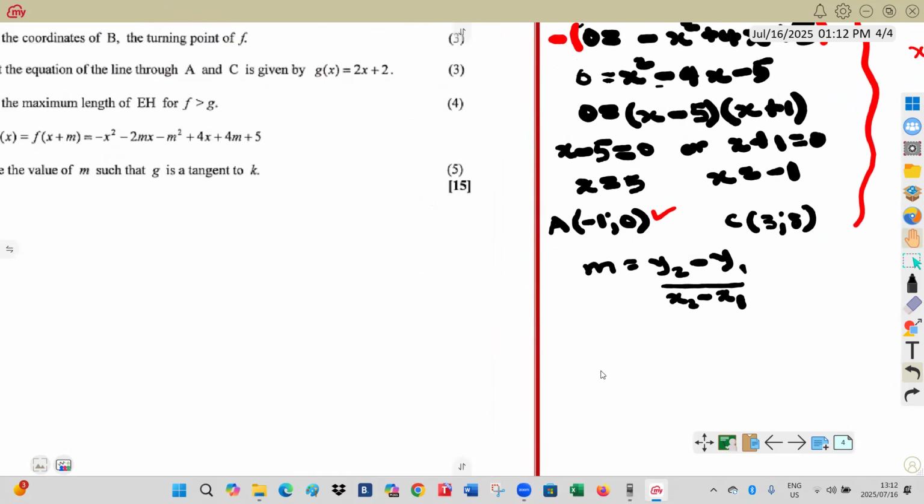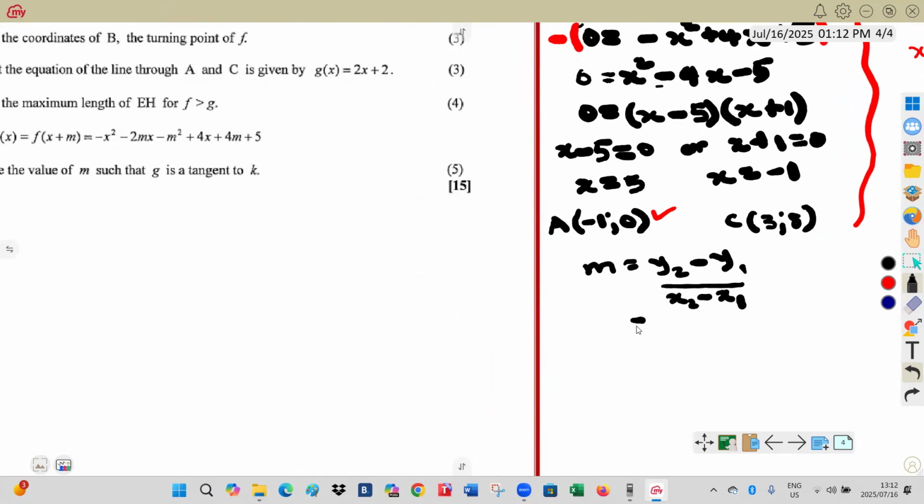So this is going to give us the gradient. What's our gradient? Substitute to get your gradient.